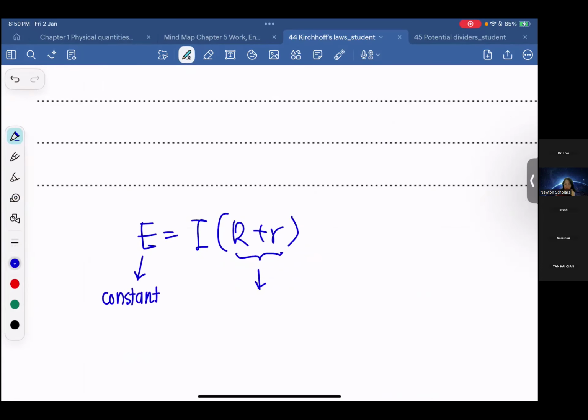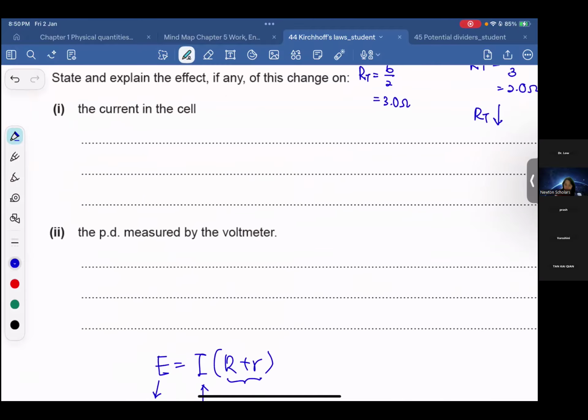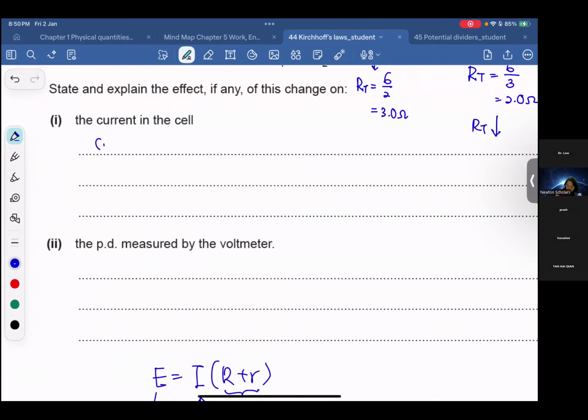So Vashini, your understanding is very good. So what is your current? Current will increase. This part decreases, then current will increase. So here we say that current in the cell will increase because total resistance has decreased.